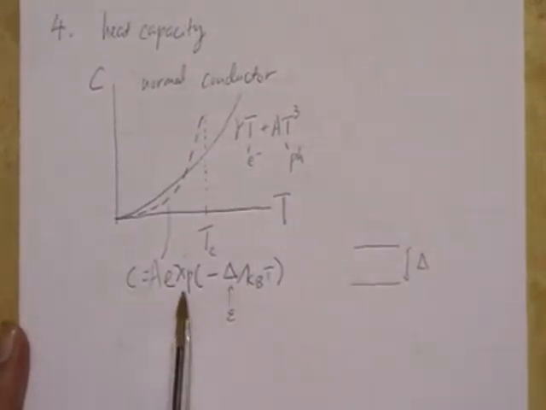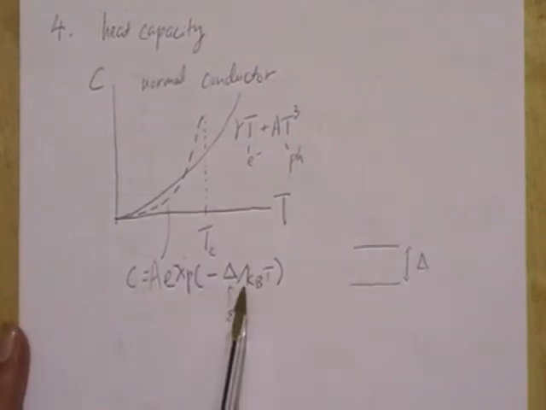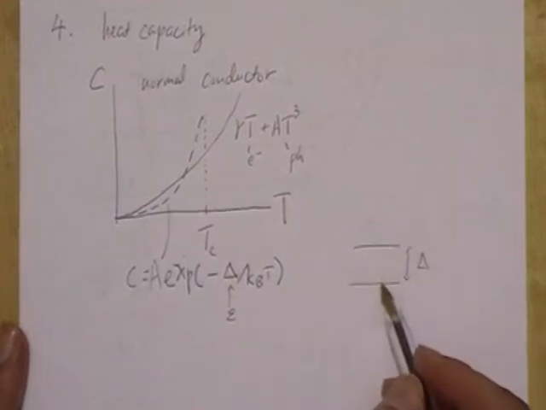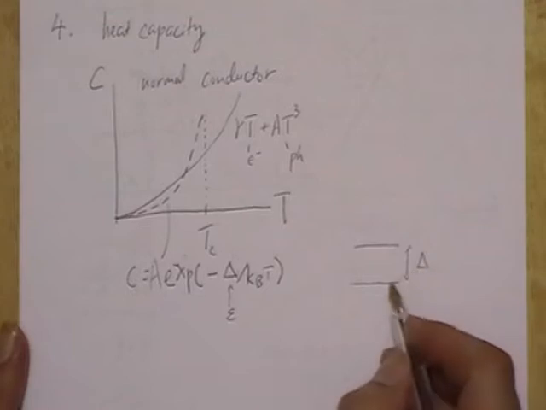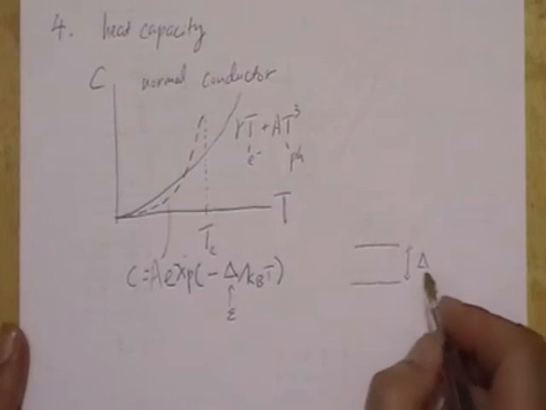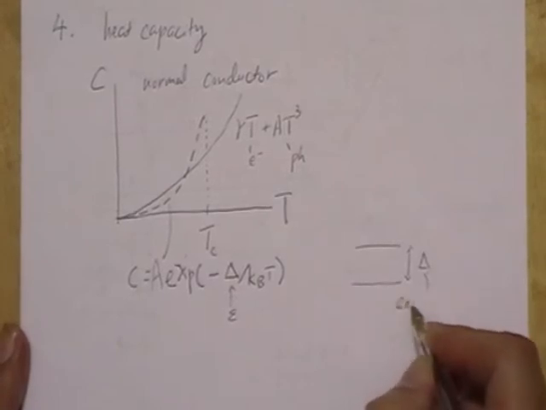Okay, so this expression here might represent the probability of, or the relative population of, the electrons in the two levels. So in that sense, there is an energy spacing of some sort. For this reason, the delta here is often called an energy gap.